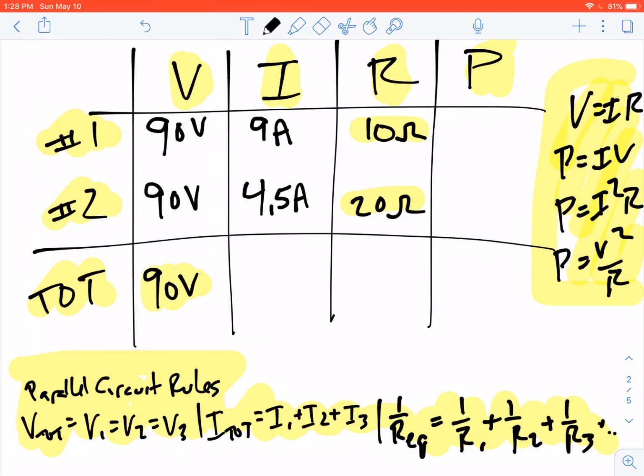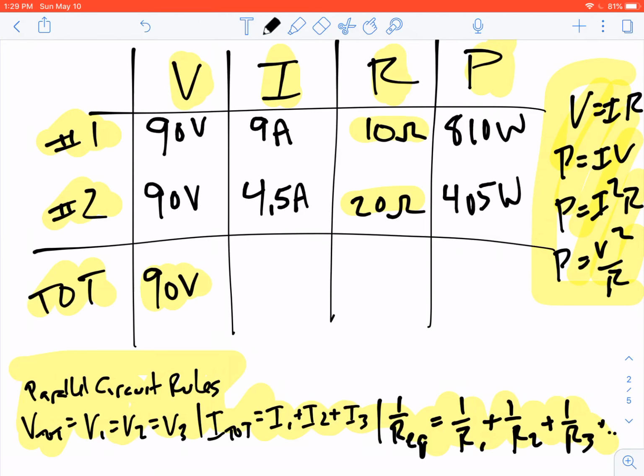I can continue by filling out things horizontally by saying, okay, the power in resistor 1 is 90 volts times 9 amps is 810 watts, and the power in resistor 2 would be 90 times 4.5, which is 405 watts.